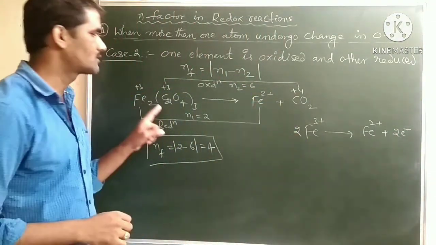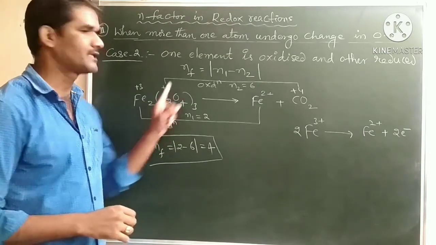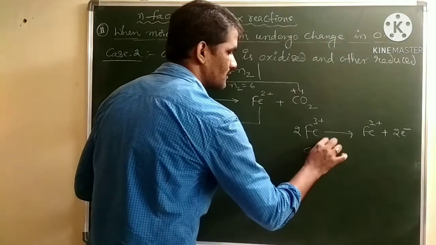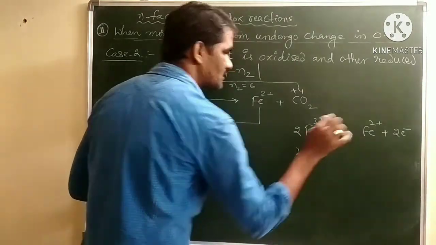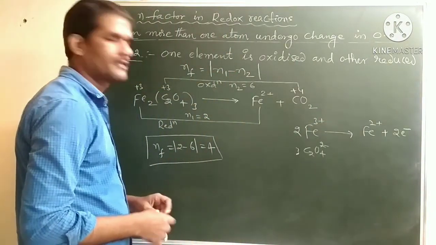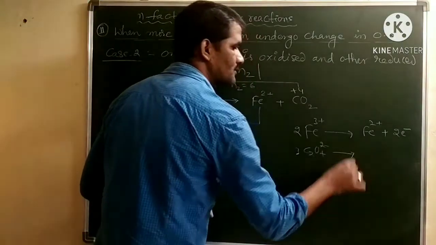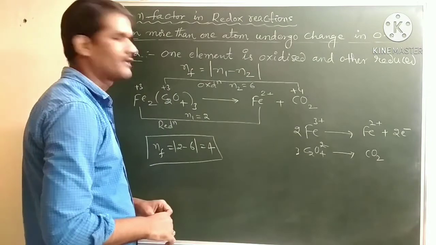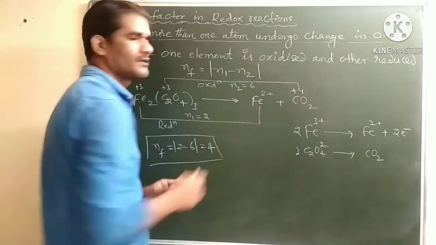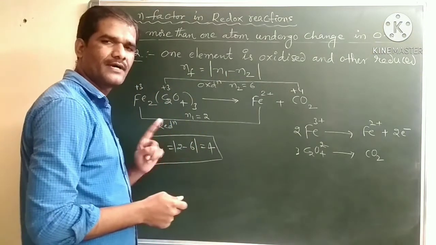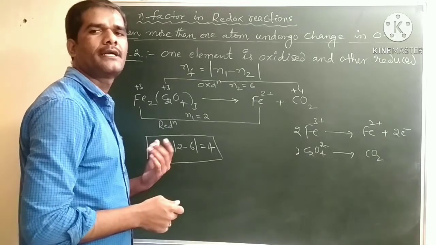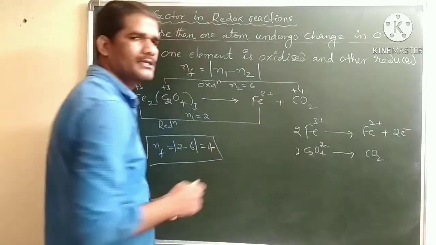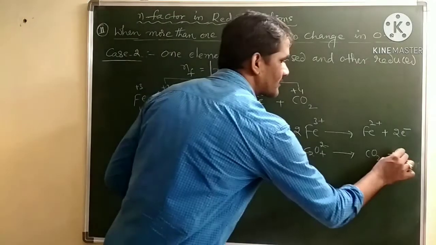And the second one, oxalate, is changing from +3 to +4. There are a total of 6 carbons in 3 oxalates, giving carbon dioxide. Again what is the change? +3 to +4, increasing in oxidation state by 1. That means it loses 1 electron per carbon, but 6 carbons are there, so it loses 6 electrons.